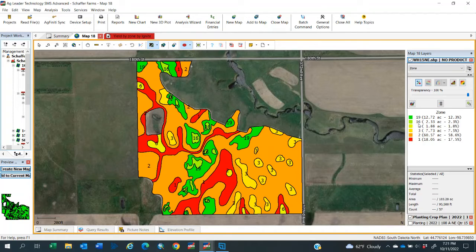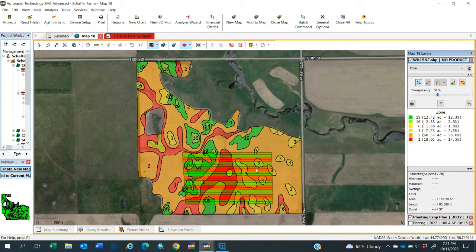And we also have a zone 16. These little areas here, that's gravel, right to the surface, not mineable. Zone 19 are sand areas, and the production on gravel is way less than the production on sand. So that's the field.